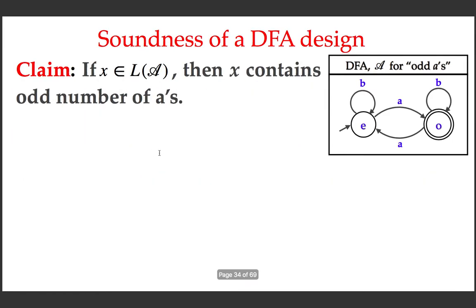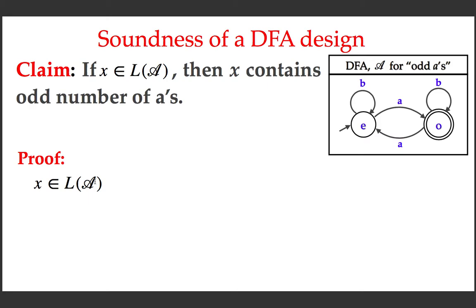Then you can use that subclaim to prove the soundness of the DFA design. The claim is that if x is an element of the language accepted by A, then x contains an odd number of a's. How will you prove it? Suppose that x is accepted by the DFA.